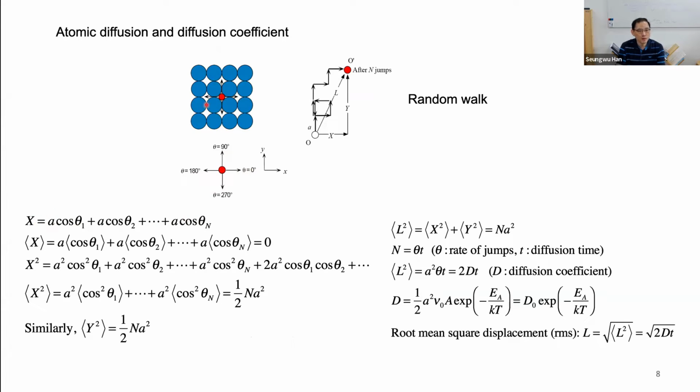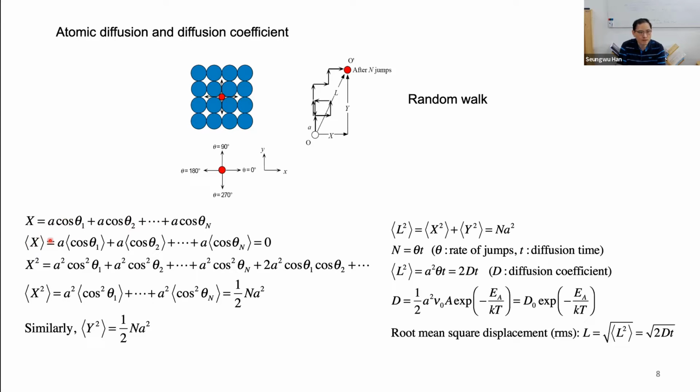And if we trace the x coordinate, theta 1 is the angle it makes at the first jump, theta 2 is the second jump, etc. So the x position is the sum of a times cosine of the thetas.